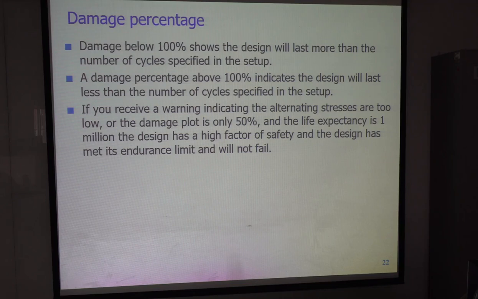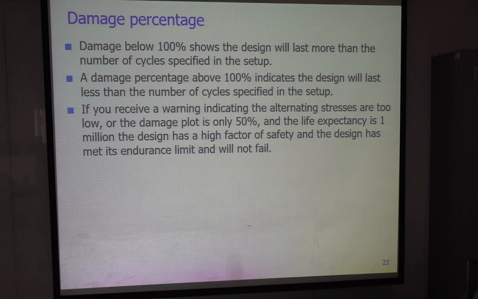Okay. Could you read the third point? If you receive a warning indicating the alternating stresses are too low, or the damage cloud is only 50% and the life expectancy is 1 million, the design has a high factor of safety and the design has met its endurance limit and will not fail.